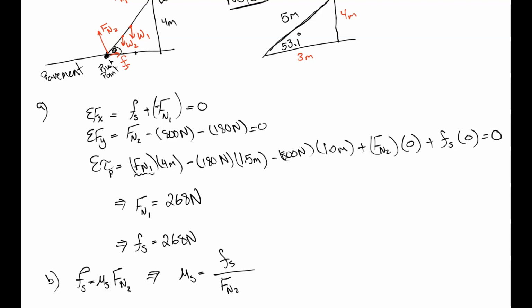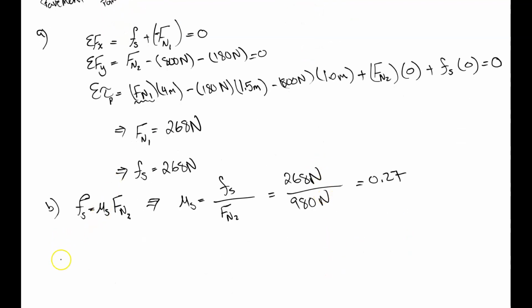In order for us to find F sub n2, we can use the equation for the sum of the forces in the y. We notice that it's 980, so this becomes 268 newtons over 980 newtons, which is 0.27.